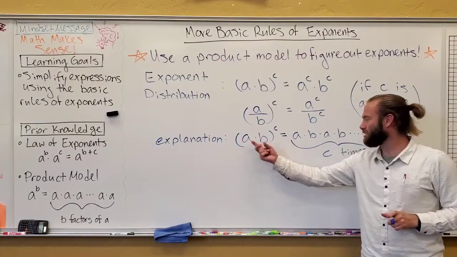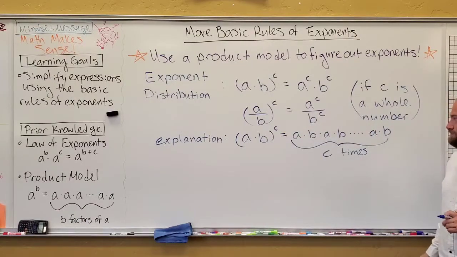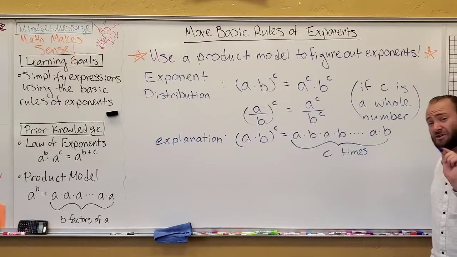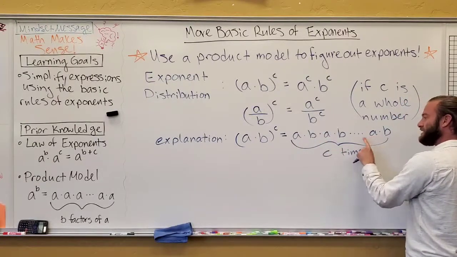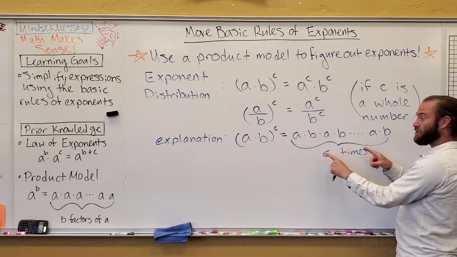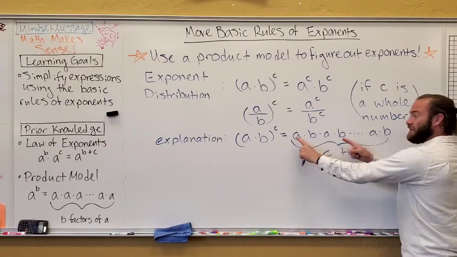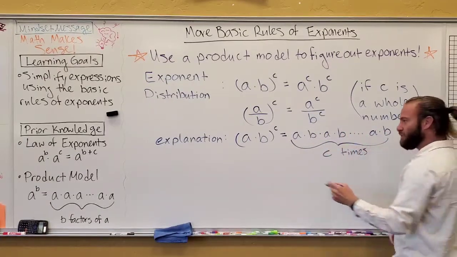We've multiplied this by itself c times, however many times that is, right? But here's the cool thing. Don't you agree that that means there's c total copies of a, and that means there's also c total copies of b. And this is just multiplication, so we can actually rearrange things in multiplication any way we want.